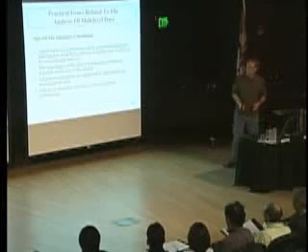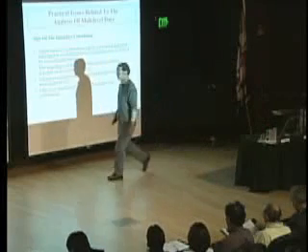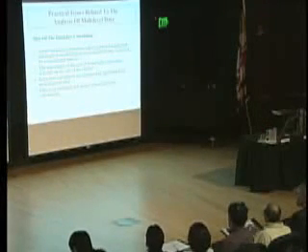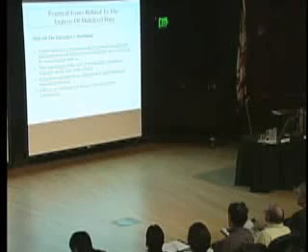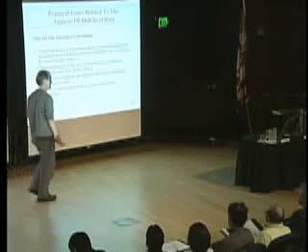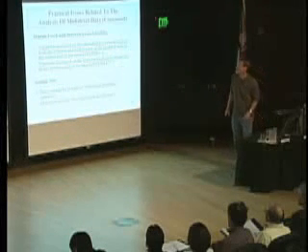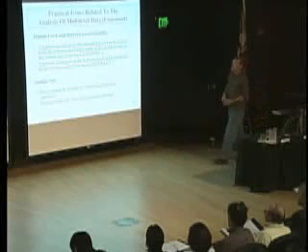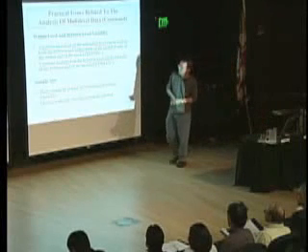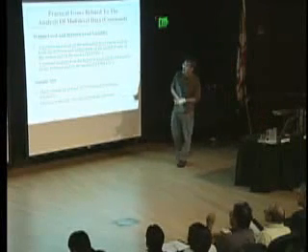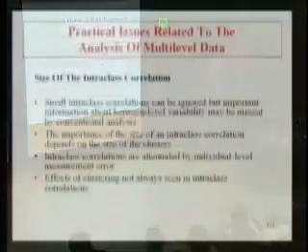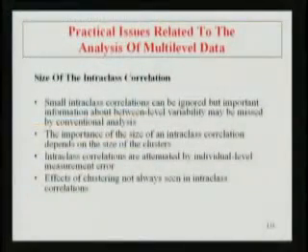Now, a couple of words about the size of intraclass correlations. If they're small, they can be ignored. If they're small, you can ignore the fact that you have cluster sampling. You can ignore the fact that you could, in principle, have non-independent observations.